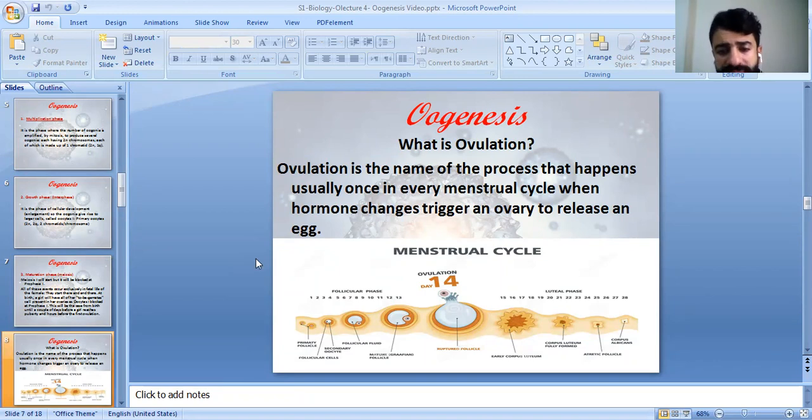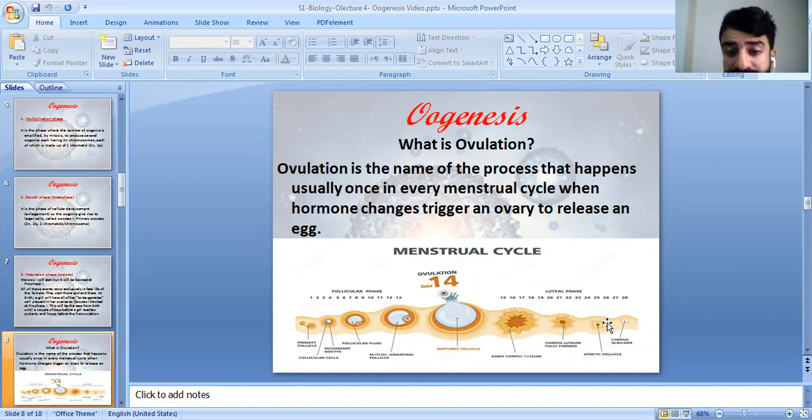Ovulation occurs approximately at day 14 of the menstrual cycle of the female. The menstrual cycle of the female ranges between 28 and 32 days. In this menstrual cycle, day 14, in normal cases, represents the ovulation day.